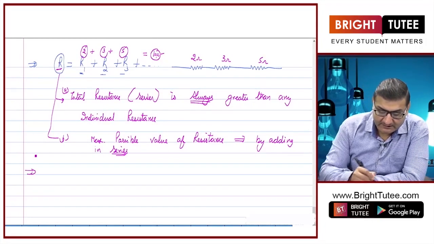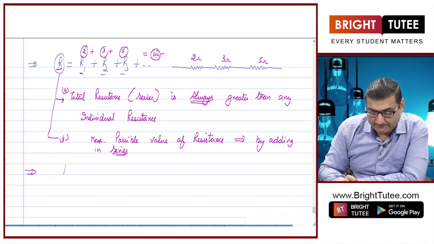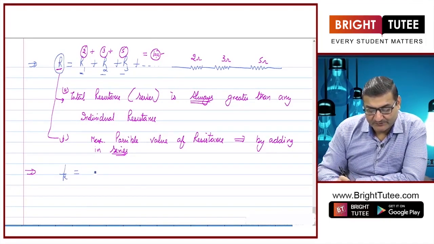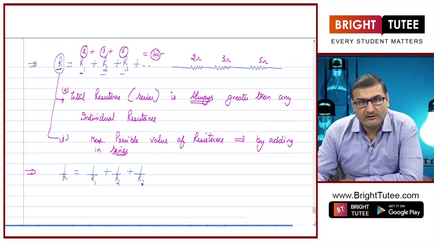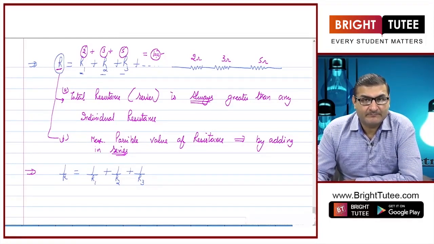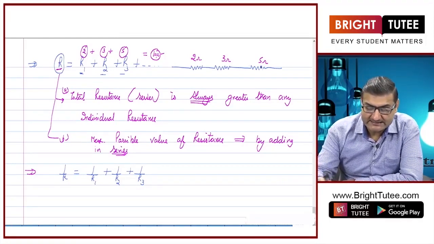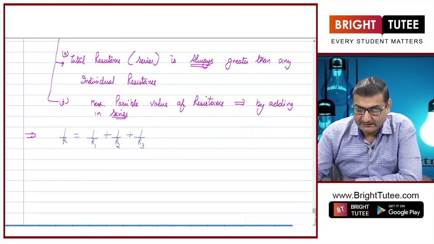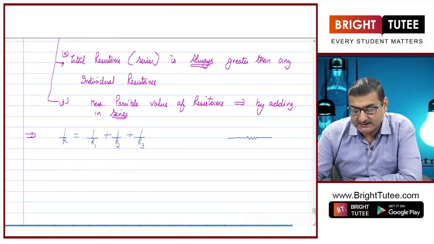But when we see the case of parallel combinations, the total resistance is calculated by the formula 1 upon R1 plus 1 upon R2 plus 1 upon R3. Got it? So, taking the same case, I will take 3 resistances now. This is of 2 ohm, this is of 3 ohm and this is of 5 ohms.